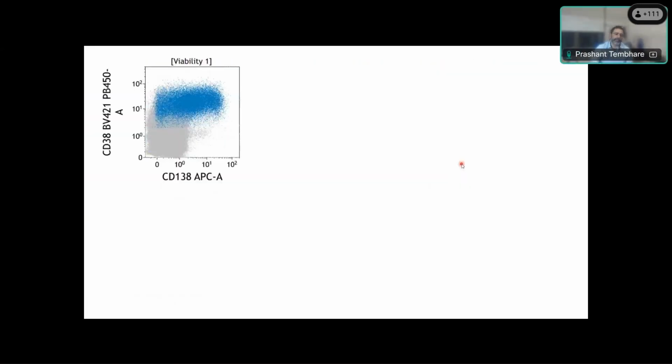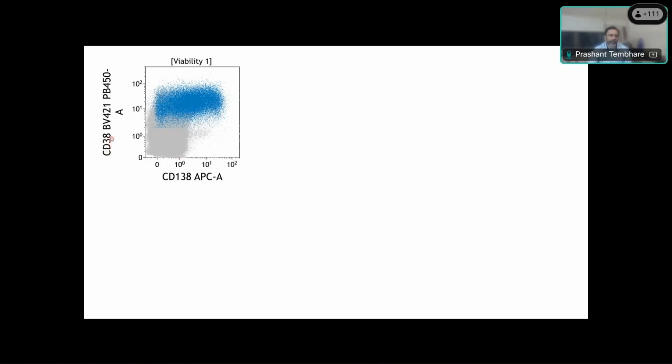I am just going through a few plots. For the students who have not seen flow cytometry, I'll just describe this plot. This is a flow cytometry dot plot. It is called a dot plot because we can see the dots there. Each dot represents a cell. And we have two axes, the y-axis and the x-axis.